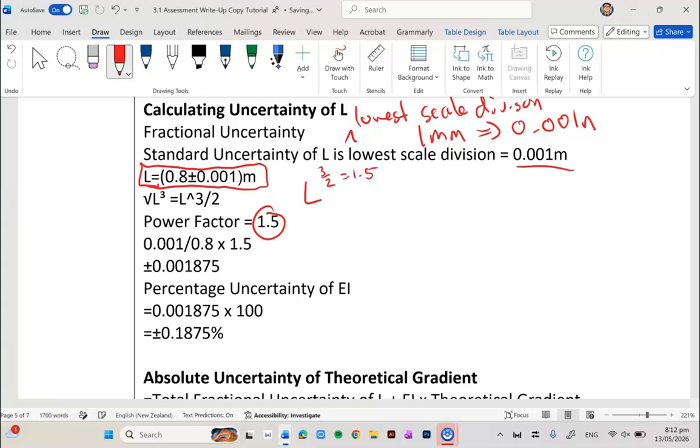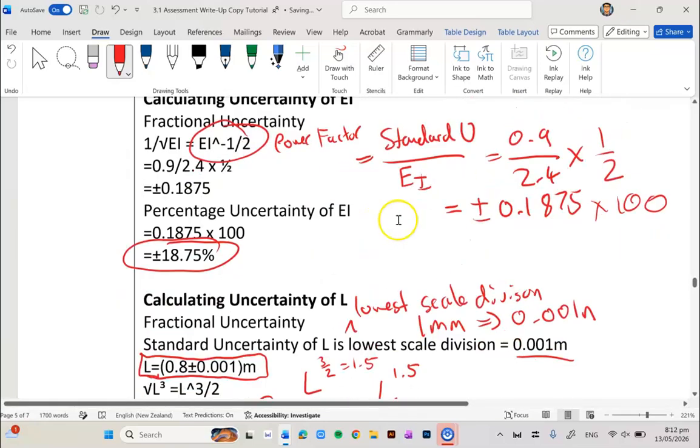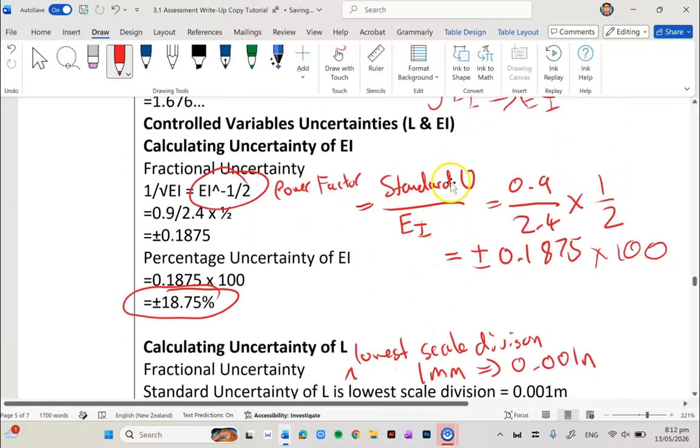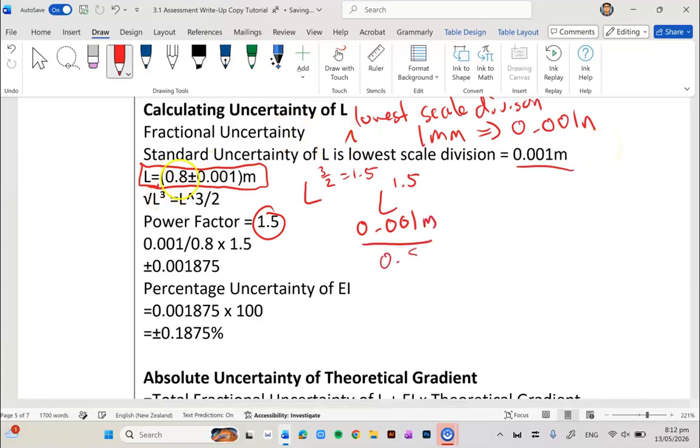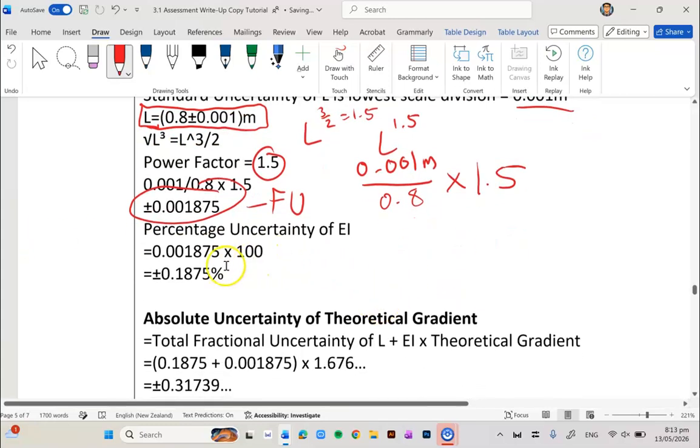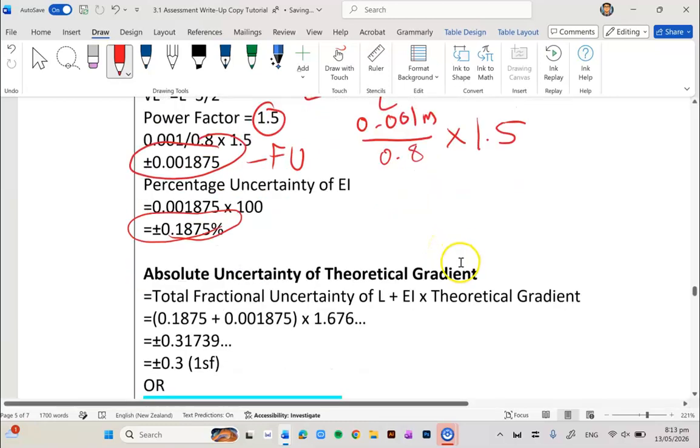So that's your power factor. Same steps as up here: your standard uncertainty, which in this case is 0.001, divided by your actual value, 0.8, multiplied by your power factor, 1.5, and that will give you your fractional uncertainty. And again, to convert it to a percentage, multiply it by 100, and you'll get your percentage uncertainty.